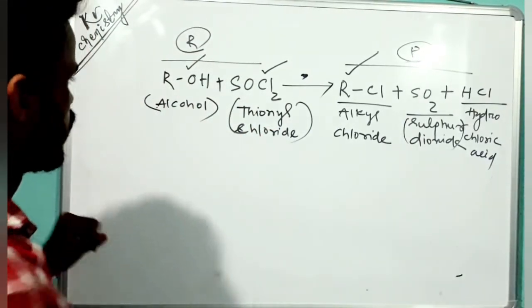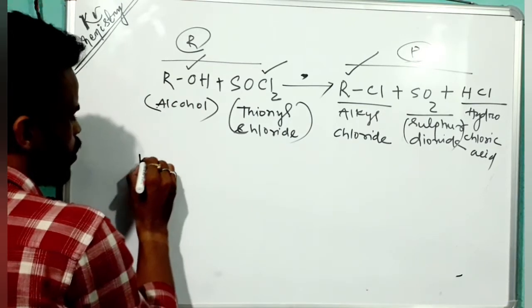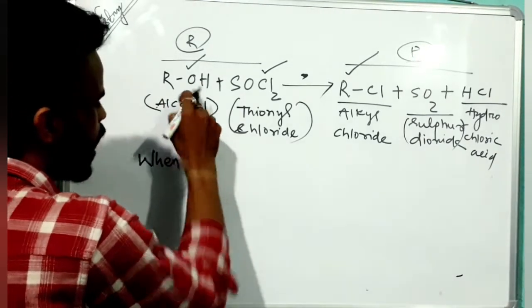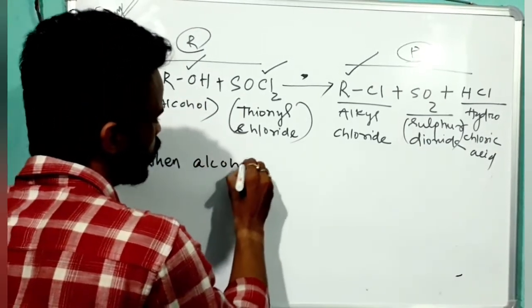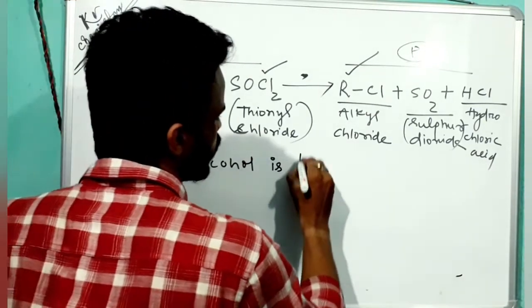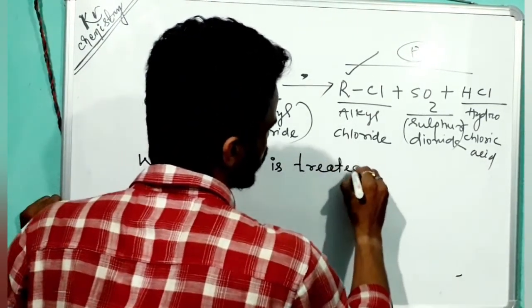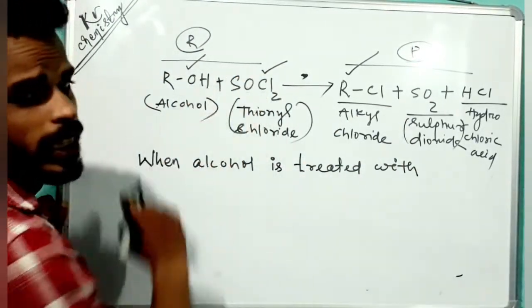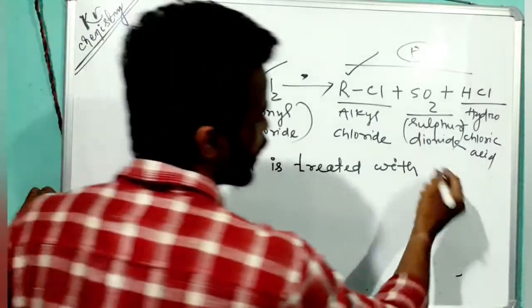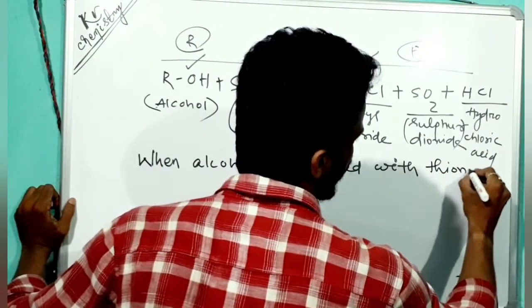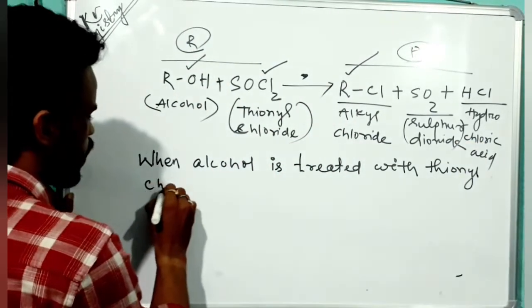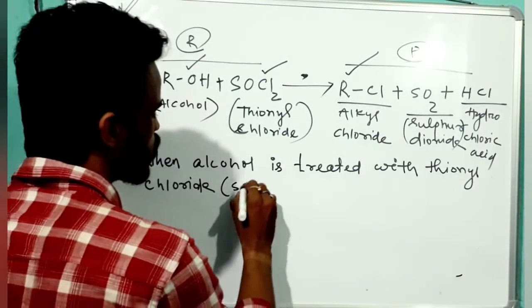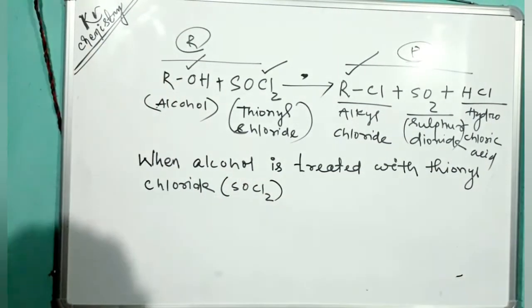How do you write? First write: when alcohol is treated with thionyl chloride, or symbolically you will write SOCl2.